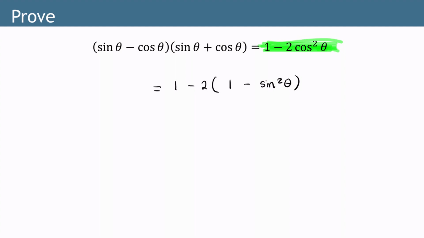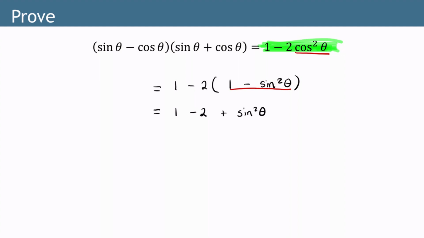So I could replace that with this. I'm going to distribute the 2. Negative 2 times 1 is negative 2. Negative 2 times negative sine squared is plus sine squared theta.